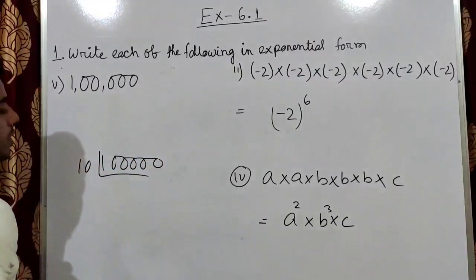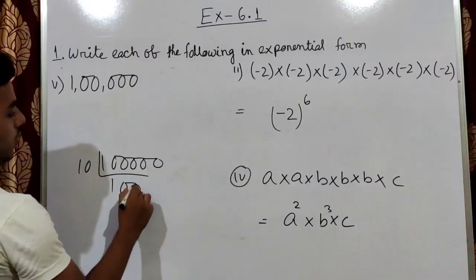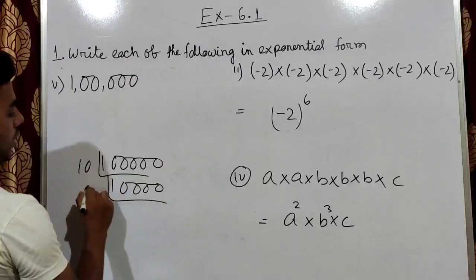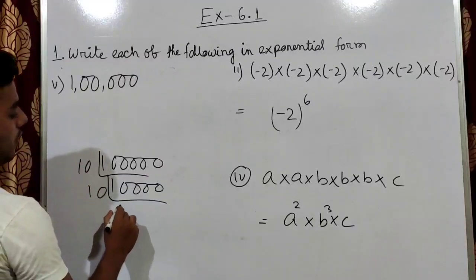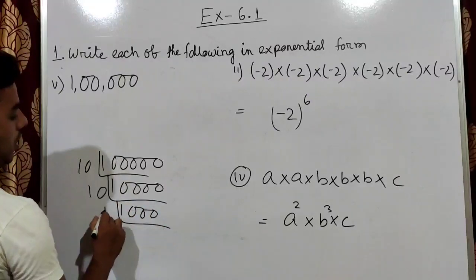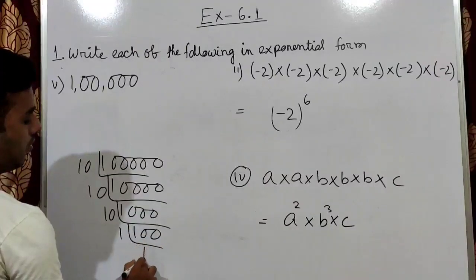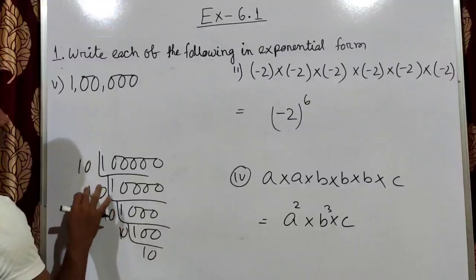If we take factors with 10, it will be 1 into 10, then 1, 2, 3, 4. Then again with 10, if we take, it will be 1, 2, 3. Then again with 10, if we take, it will be 100. Then again with 10. So 1, 2, 3, 4, 5.